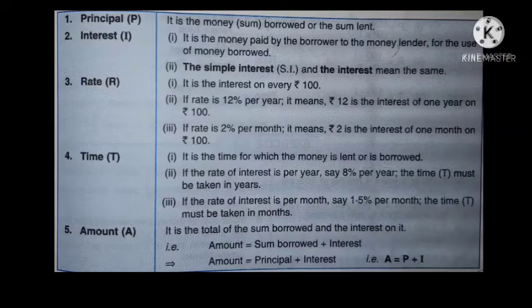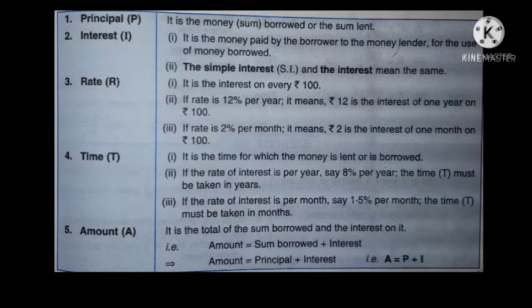Time, T. It is the time for which the money is lent or borrowed. If the rate of interest is per year, say 8% per year, the time T must be taken in years. If the rate of interest is per month, say 1.5% per month, the time T must be taken in months.